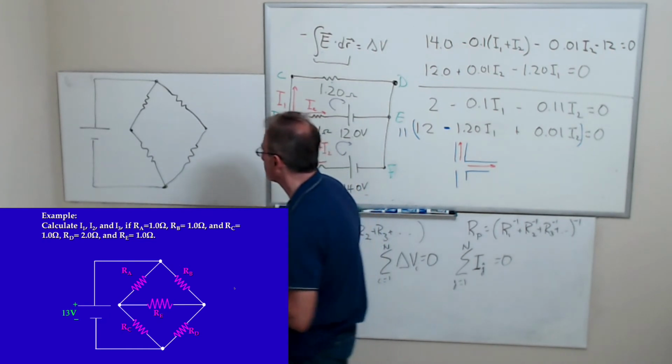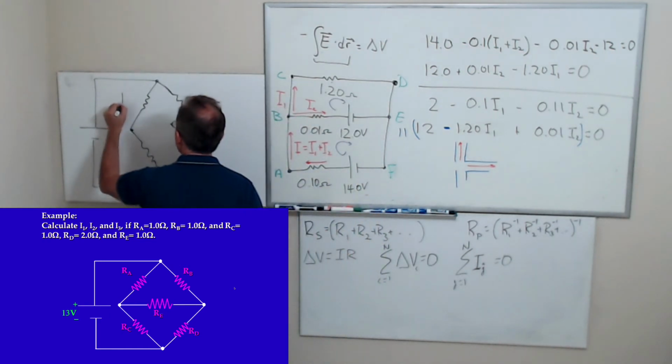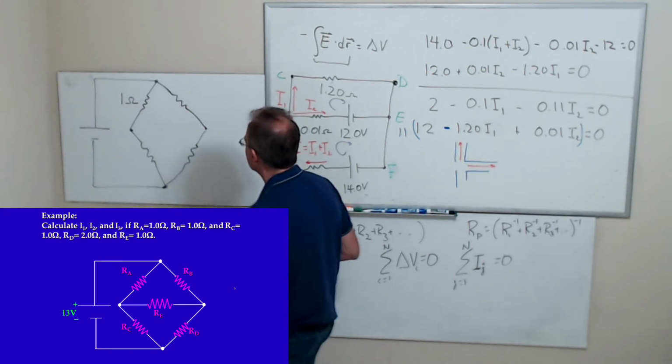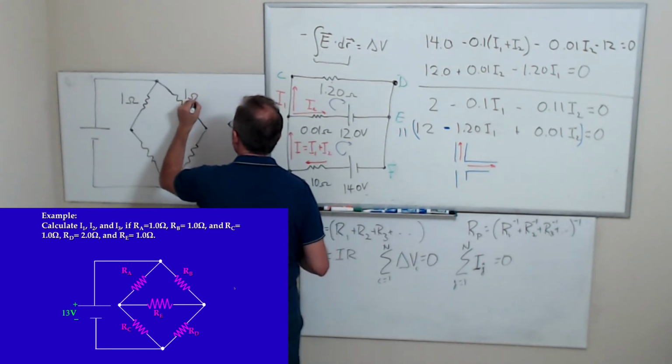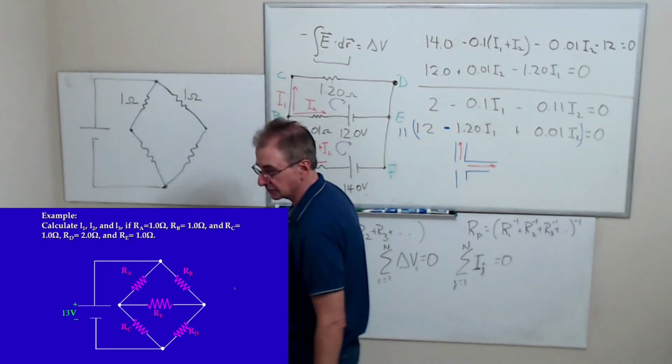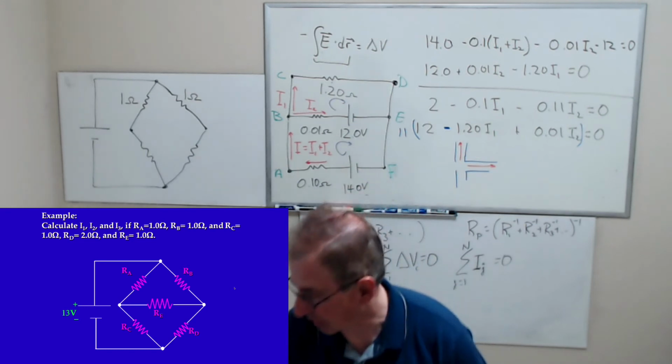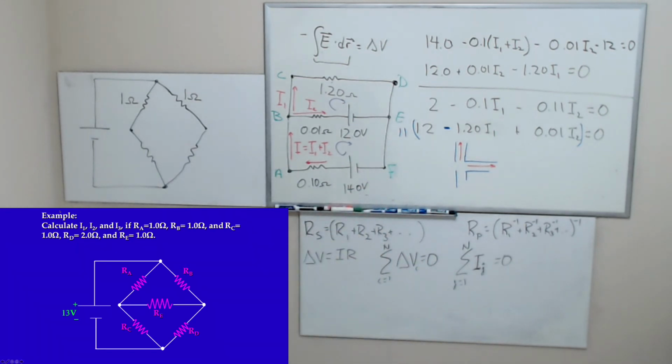So R sub A is 1 ohm. I'm not being careful with sig figs. R sub B is 1 ohm. R sub C is 1 ohm.